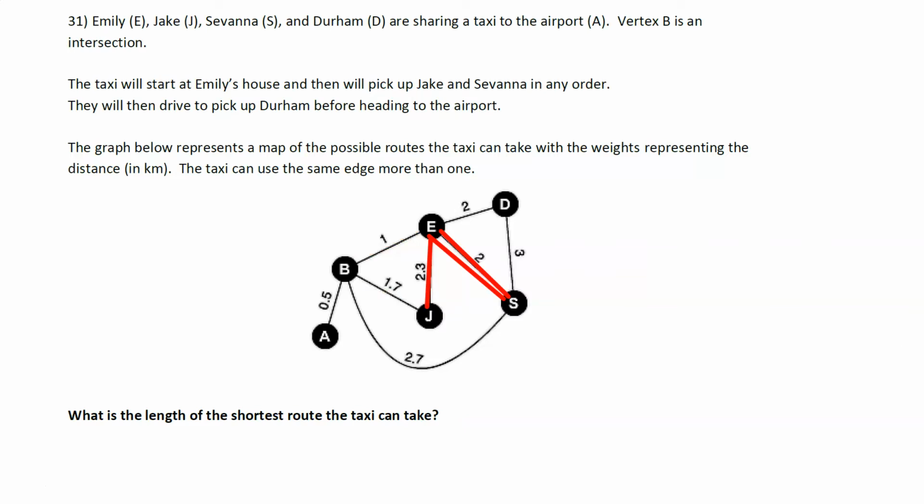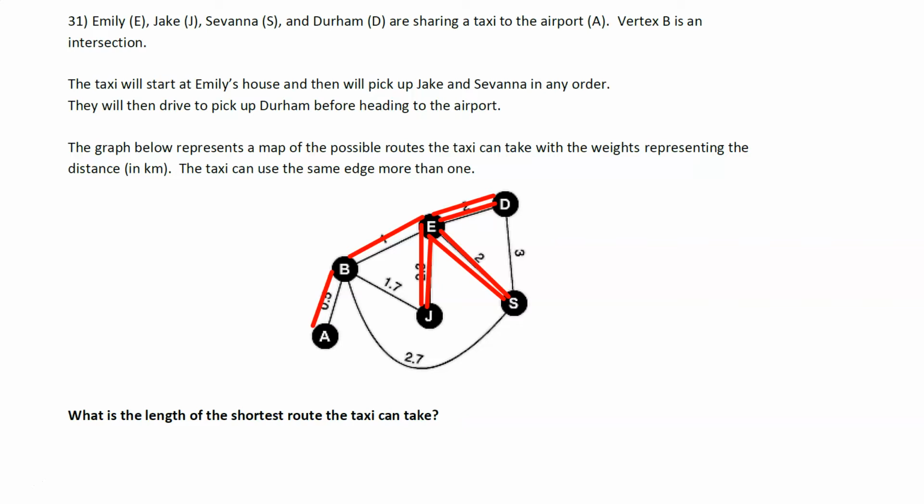So we're not going to want to do that. We are again going to backtrack. Now once we've backtracked, we need to go get Durham, and then from Durham, again backtracking to Emily's place, into the intersection at B, and then to the airport.